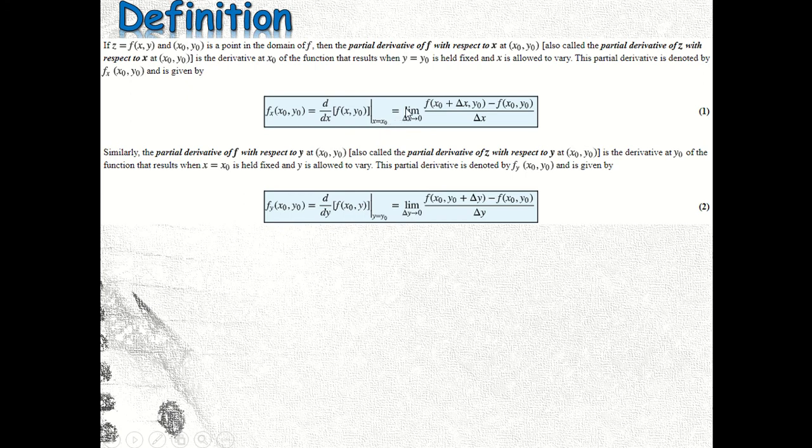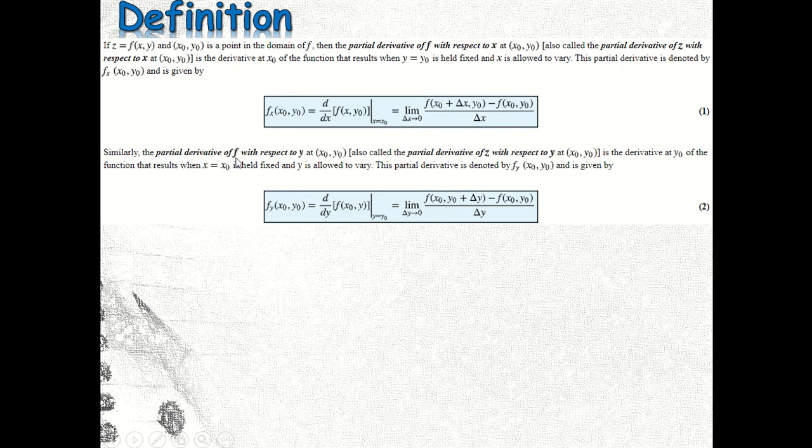This is equal to the limit of f(x sub 0 plus delta x, y sub 0) minus f(x sub 0, y sub 0), divided by delta x, as delta x approaches 0. Okay, so this looks familiar, the same as in our function of a single variable. There's a minor difference on this part.